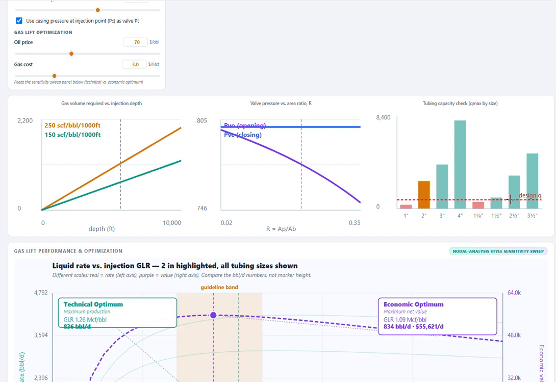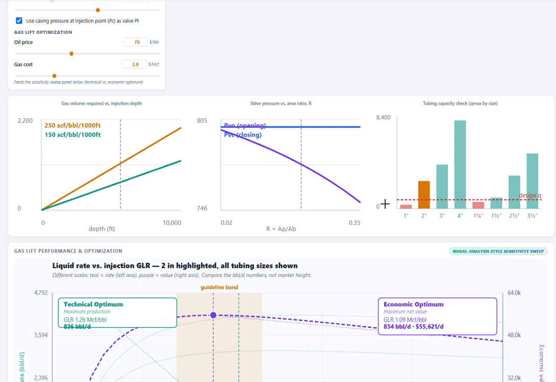This chart allows us to quickly check whether the selected tubing size can realistically handle the target production rate. And as you can see here, 2 inches is actually the right choice for our case. However, we also can choose 1.5 inches for our case.